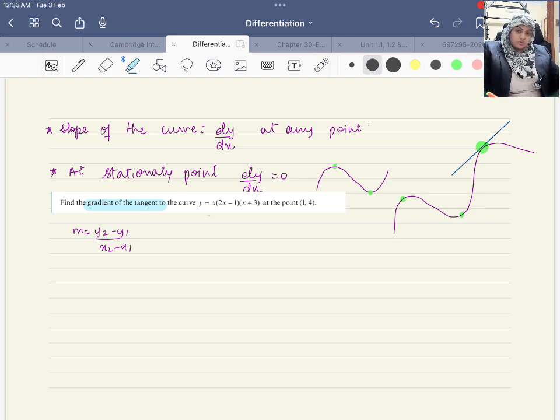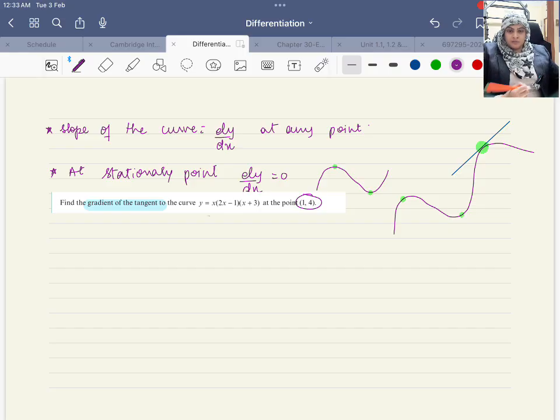Why are we not using this formula? We're not using this formula because we don't have 2 points over here, right? So if we don't have 2 points, we can't say that the question is missing any detail. We will move to another method of finding out the gradient, which is finding the differential or the derivative of the equation. So let's find out the differential of the equation.